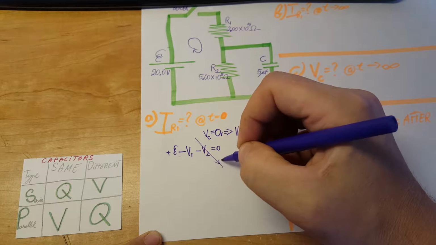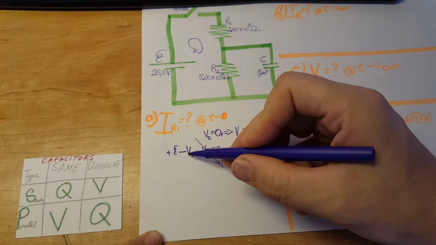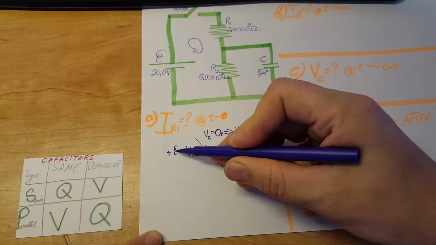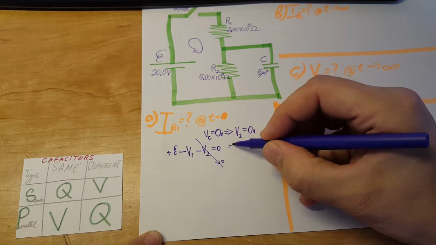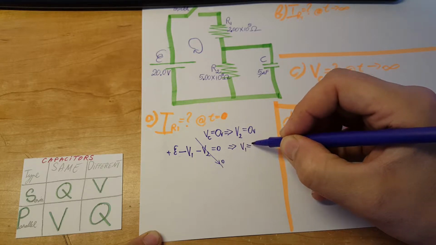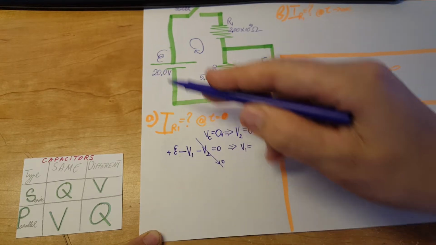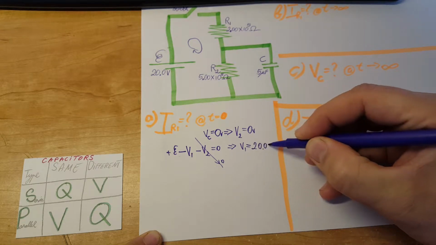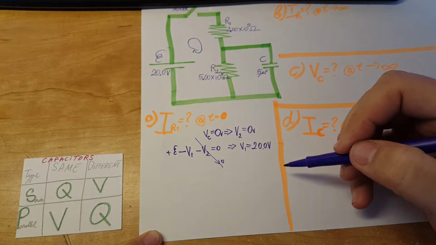This one we know is 0, therefore the voltage on resistor 1 will be equal to the EMF. V1 equals, this is 20, it's given, therefore we're gonna get a value of 20 volts for V1.